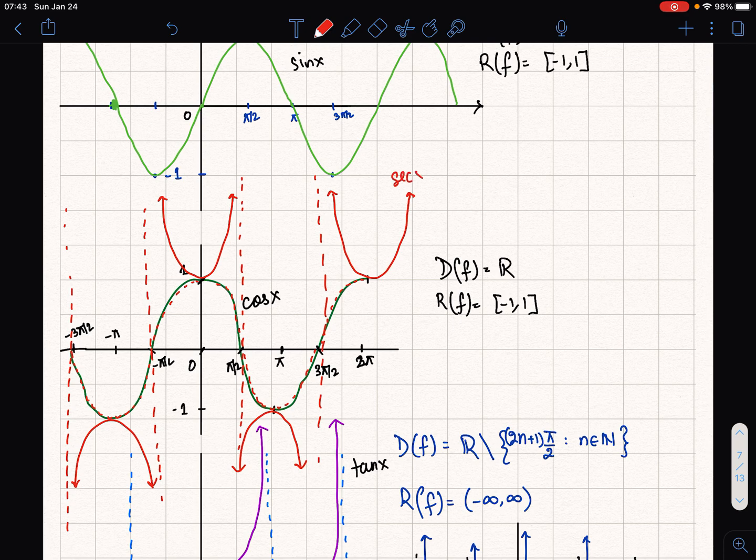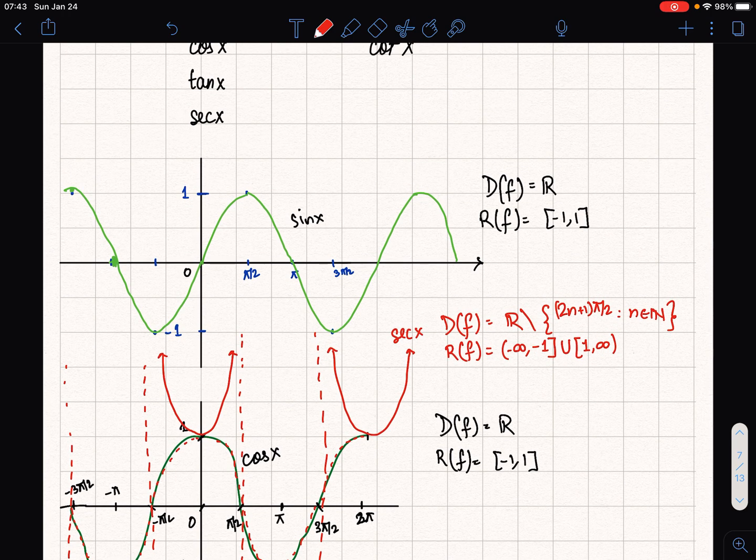So for secant x, the domain is R minus all the terms of 2n plus 1 pi by 2, where n is a natural number. While the range, as you can clearly see, is from negative infinity to negative 1 closed union 1 to infinity.